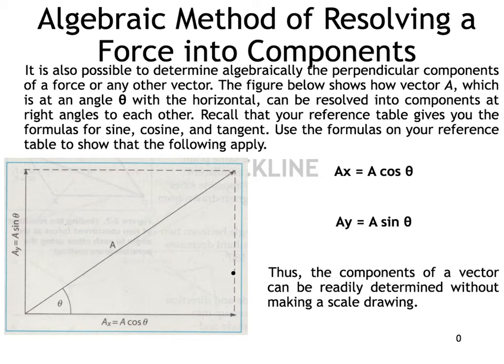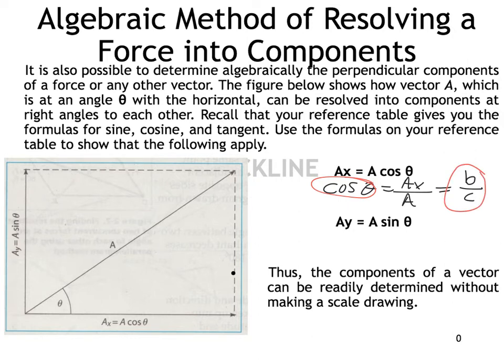But if you try to isolate cosine theta, for instance, you would divide both sides by A, and you would get the cosine of theta is equal to AX over A. Now, AX is really what we would call the adjacent side, and in your reference table, I believe they call it side B. And A is what we would call the hypotenuse, but I think your reference table calls it side C. So this equation is really just saying that cosine of theta is B over C, which you can find on your reference table.